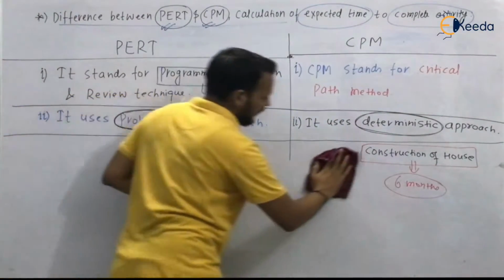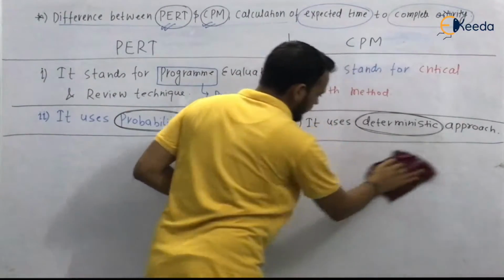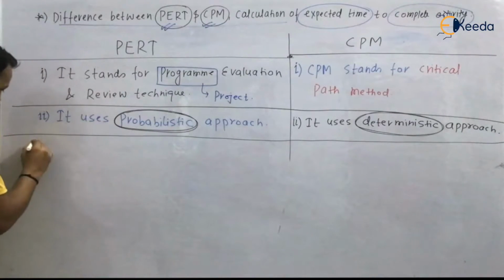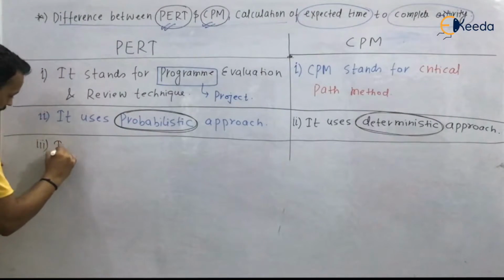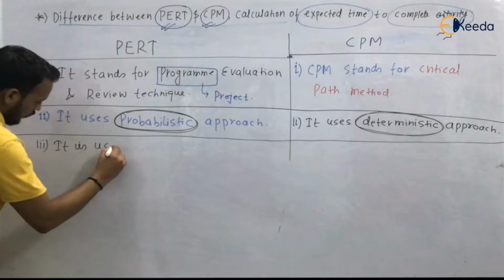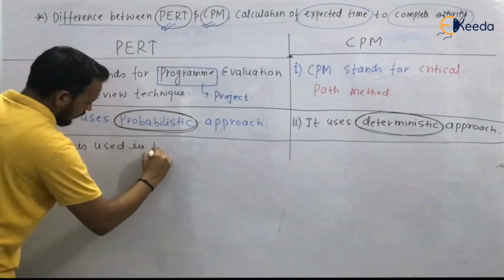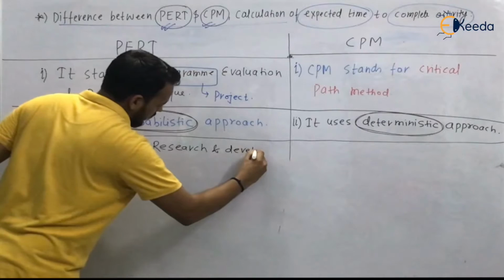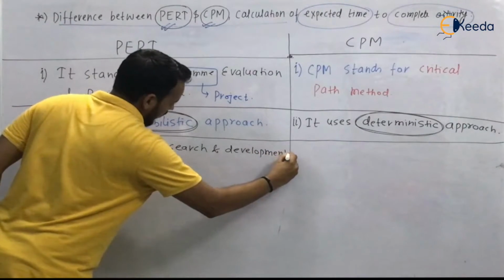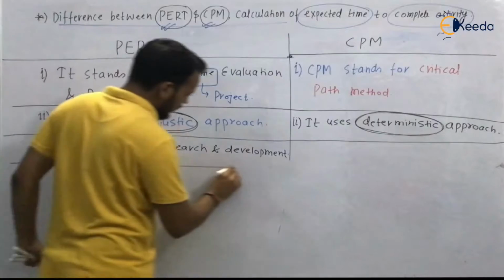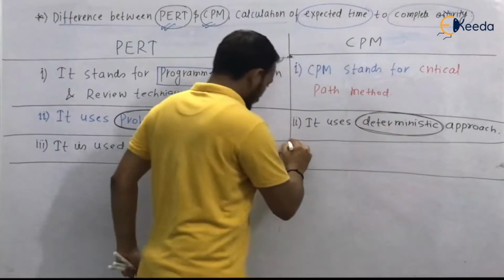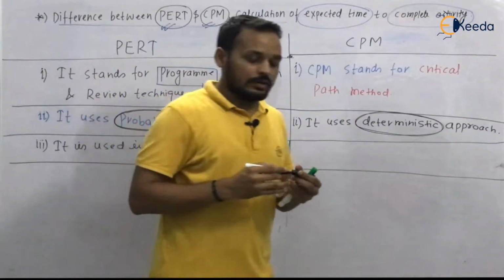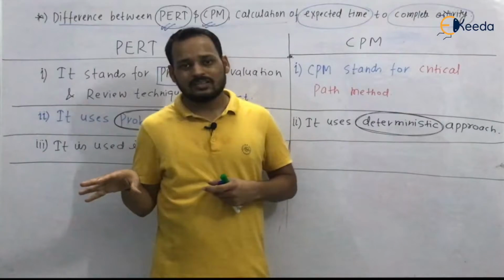So the next difference can be, since you know that PERT is based on a probabilistic approach, it means you can say that it is used in research and development. PERT can be used in R&D work, because these kinds of activities require some experiments, and if you conduct the experiment, you get the result, then it's okay.